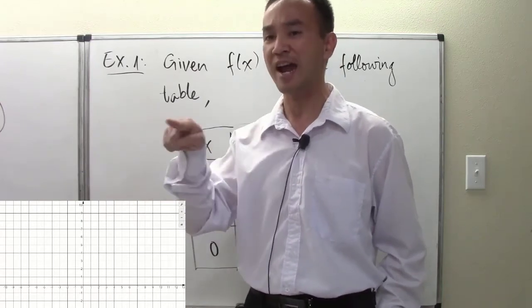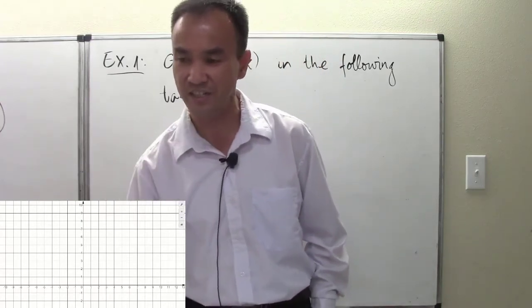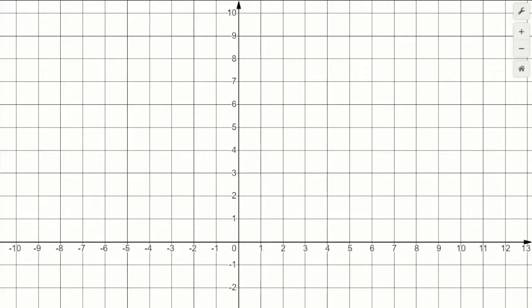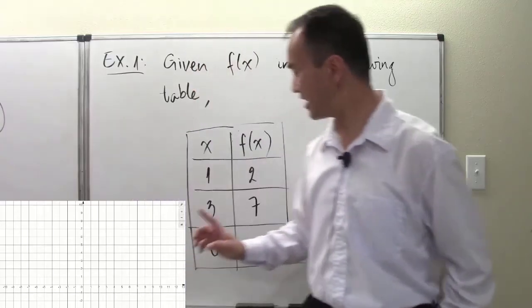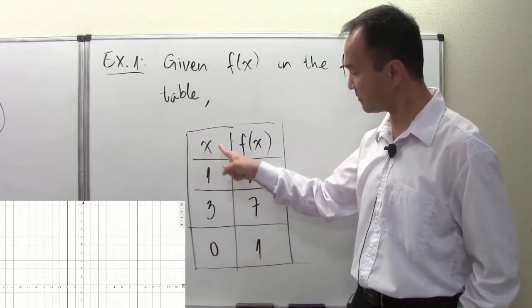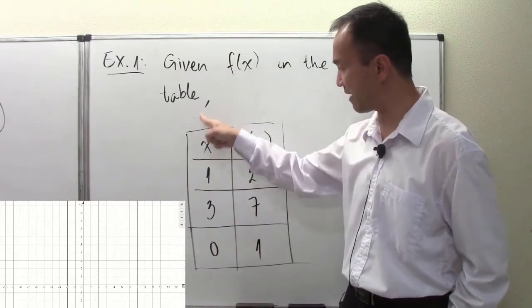The horizontal axis, as seen here, either in this version of mine or in a close-up version, is meant to display the input values. I'm saying it one more time, spelling it out clearly: the horizontal axis is meant to display the input values. So from this table, we have the x column.